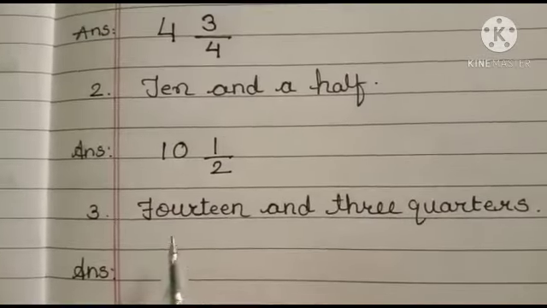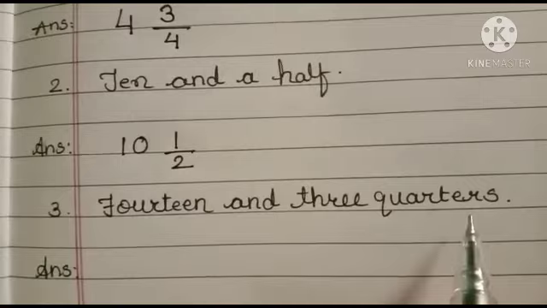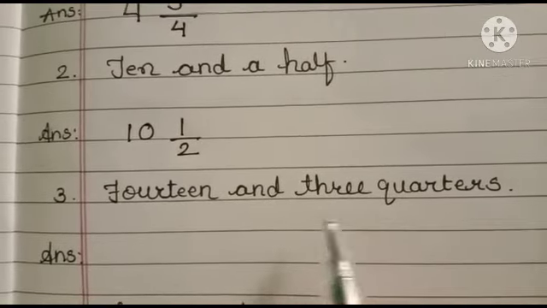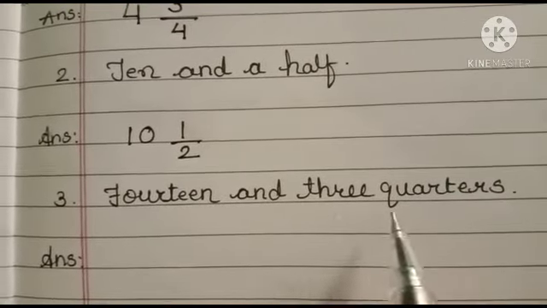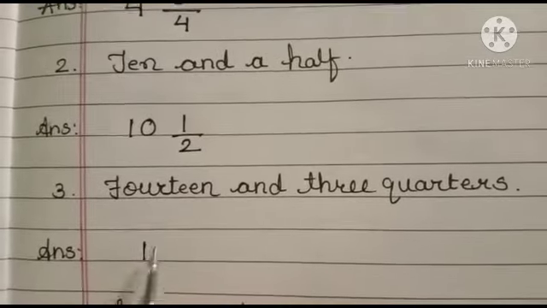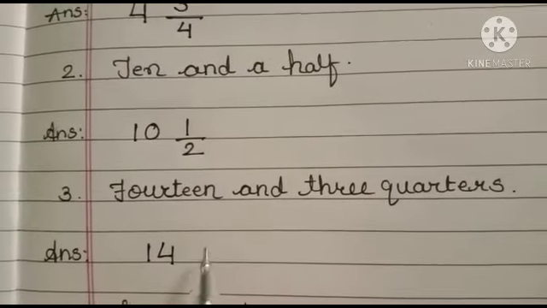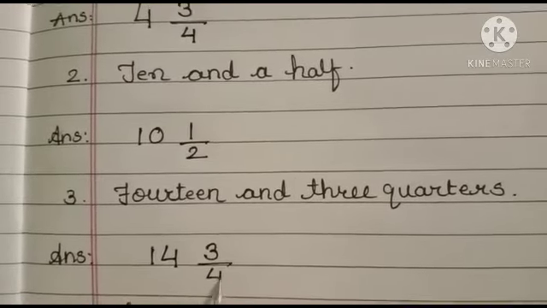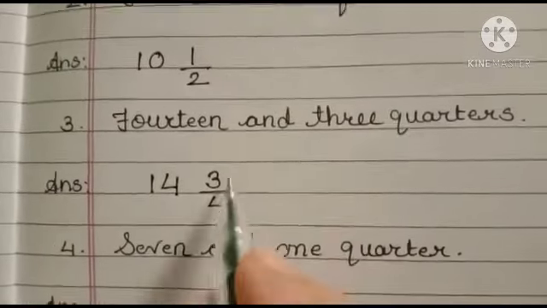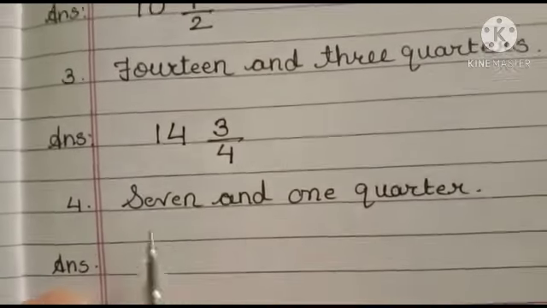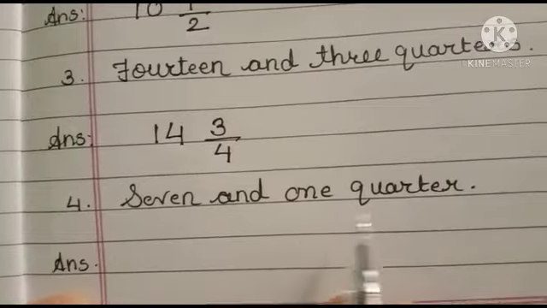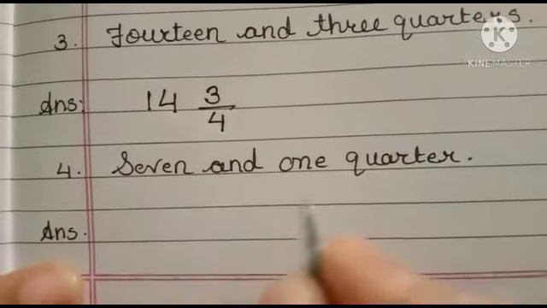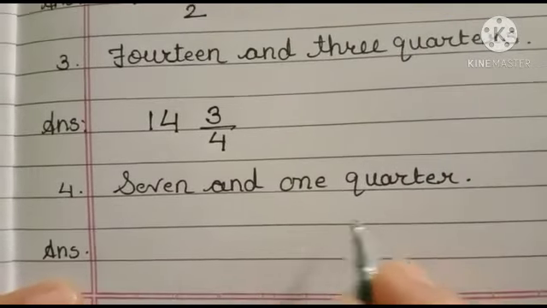Third question is given 14 and 3 quarters. For 3 quarters, we are writing 3 upon 4. So our answer is 14 and 3 upon 4. Next question is given 7 and 1 quarter. For 1 quarter, we are writing 1 upon 4.